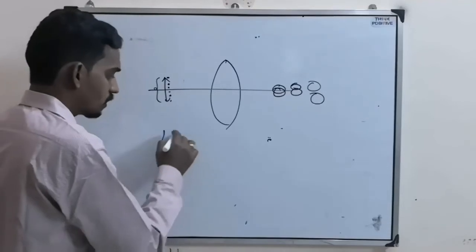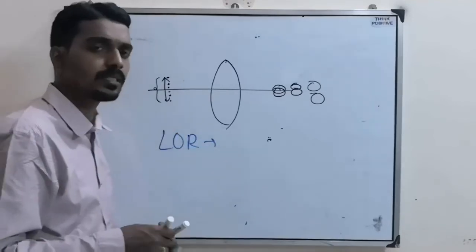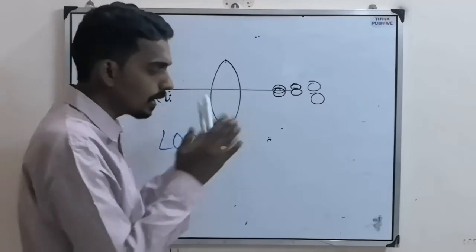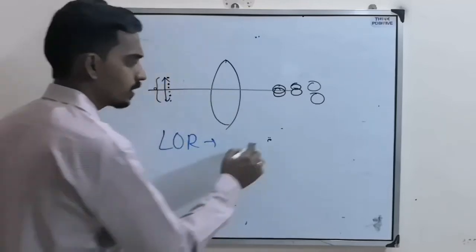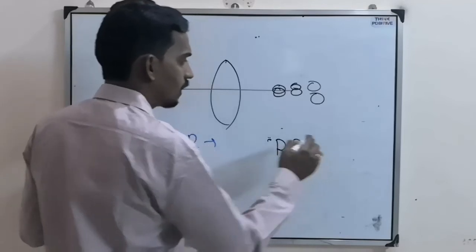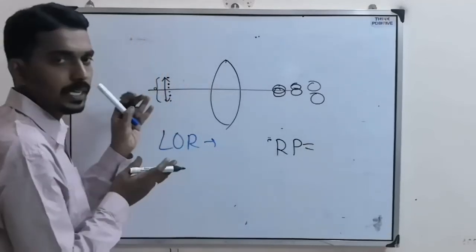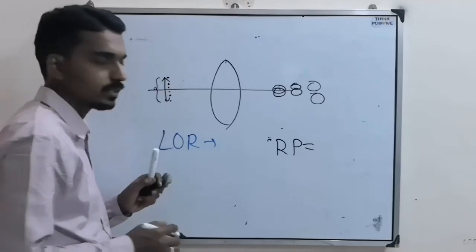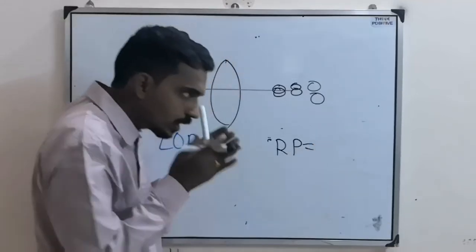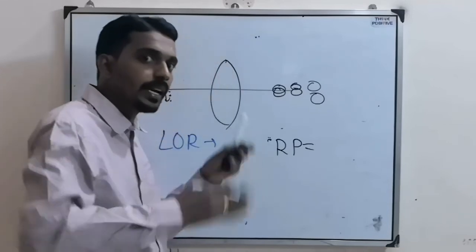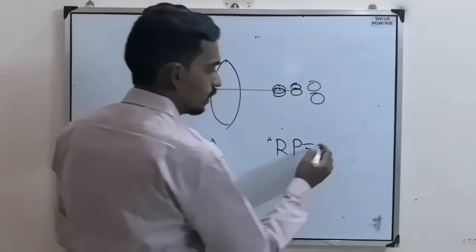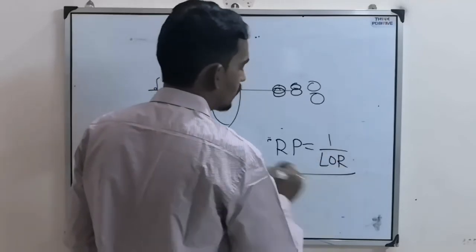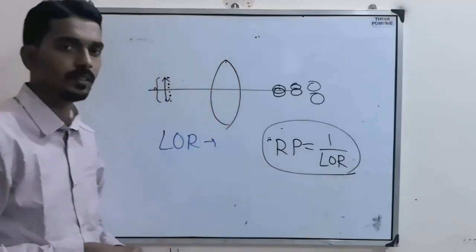Limit of resolution is the minimum distance which we can take as separate, which we can observe as separate. Resolving power means we are able to see them separately up to this particular distance. So the lesser the distance you can measure, the greater the power of resolving. That's why resolving power is nothing but the reciprocal of the limit of resolution.